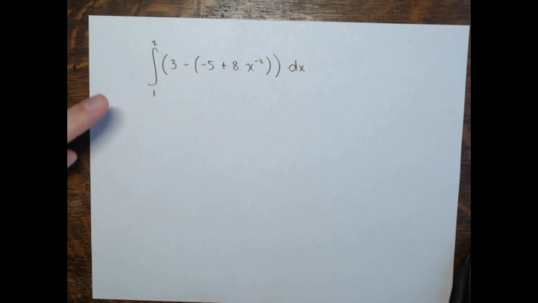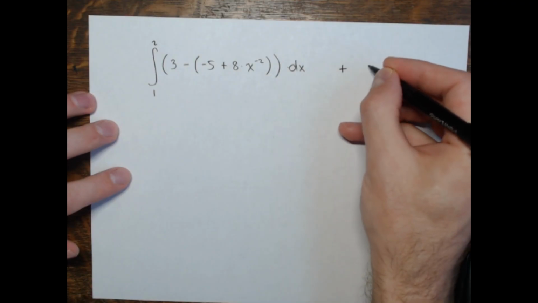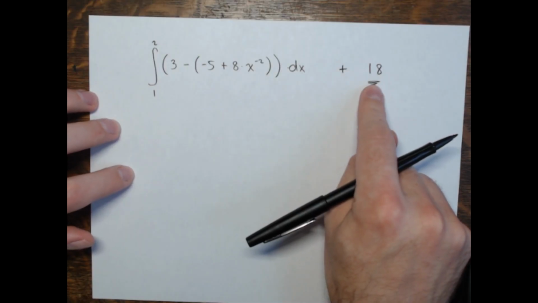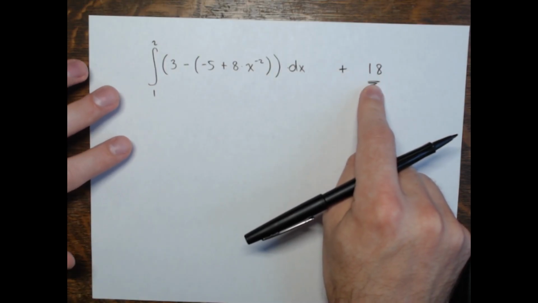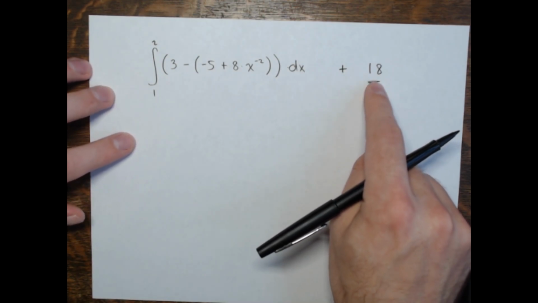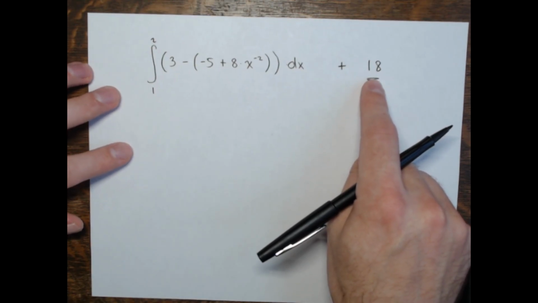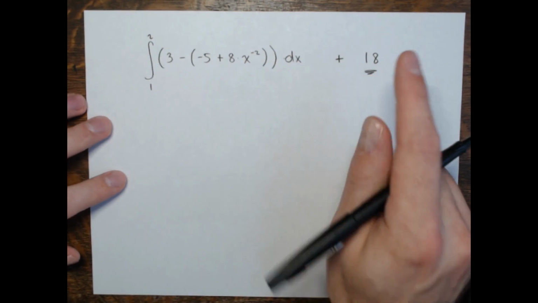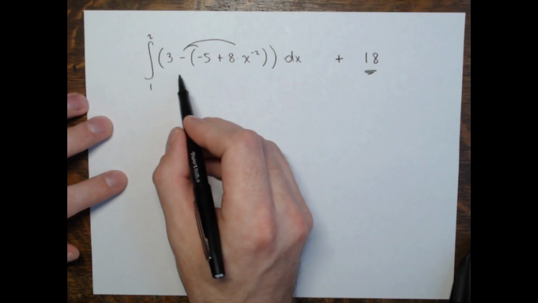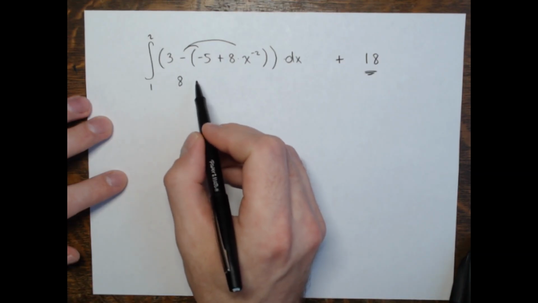So this will give us this area, and then again, we're going to add that 18 square units. This was from 2 to 8 with y equals 3 on top and y equals x minus 5 on bottom, but that just gave me a triangle with base 6, height 6. So that's why I got plus 18 here. All right, so distributing this negative, you got 3 minus negative 5, that's 3 plus 5, that's 8.